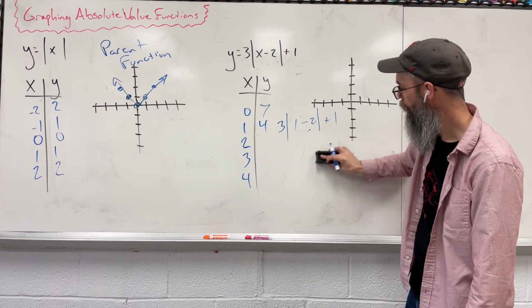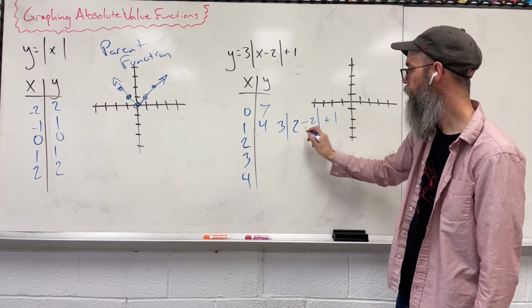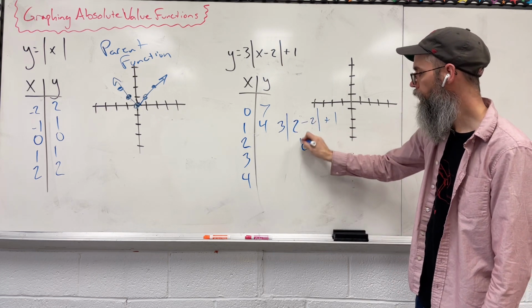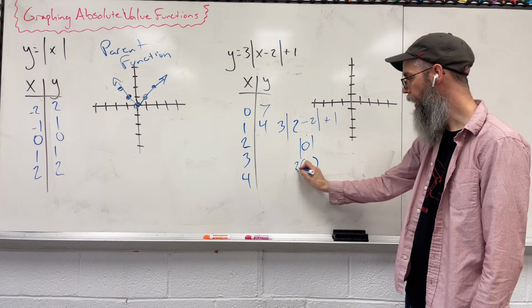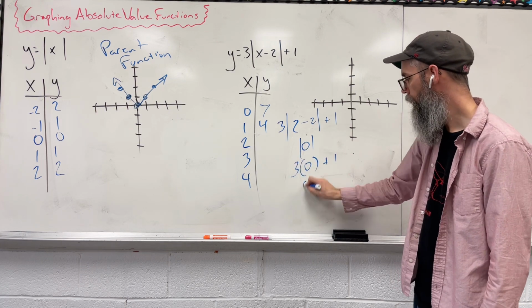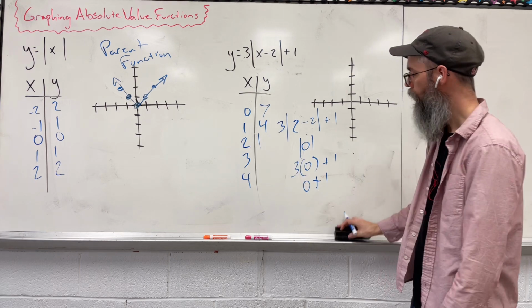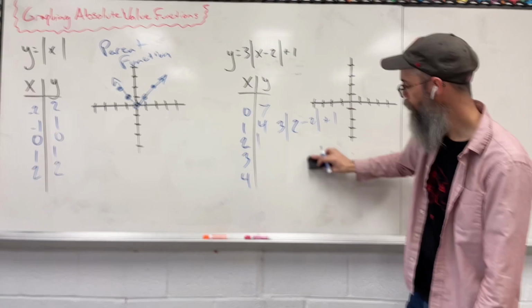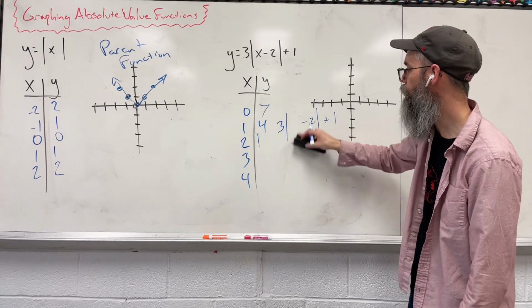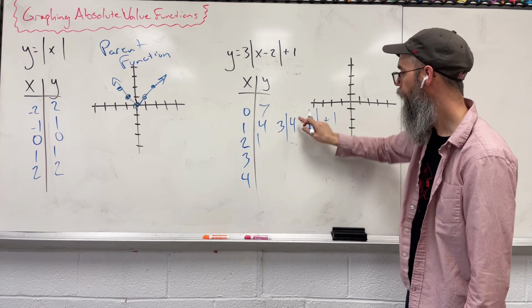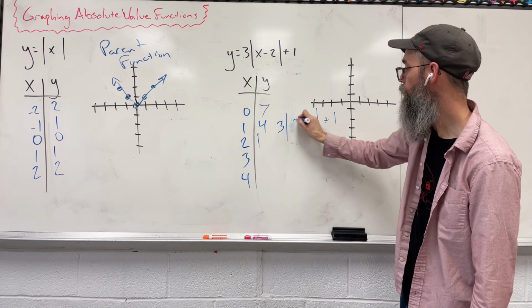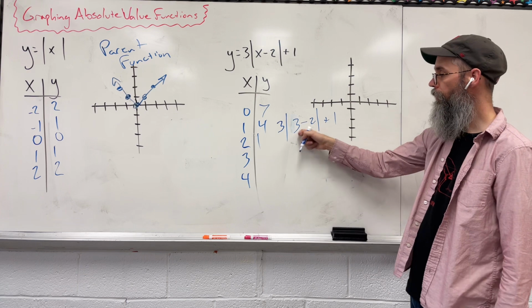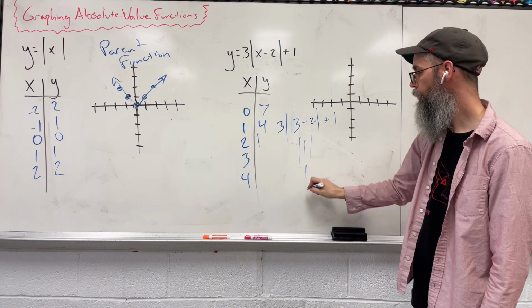Do it again. Now we want to plug in 2. 2 minus 2 is 0. Absolute value is 0. Multiply that by that number 3. 0 plus 1, 1. So far, so good. We're just doing order of operations for all this. We're treating this absolute value like it's the parentheses that we need. Put a 3 in. 3 minus 2 is 1. Absolute value is 1.